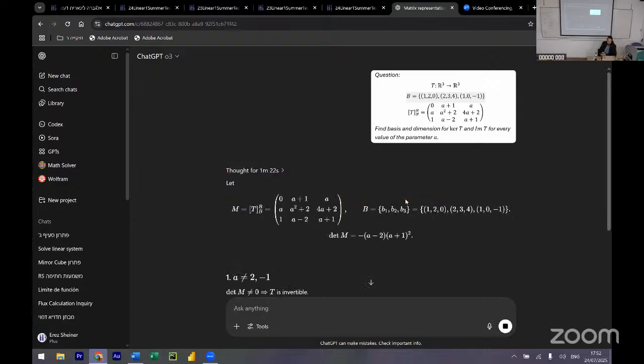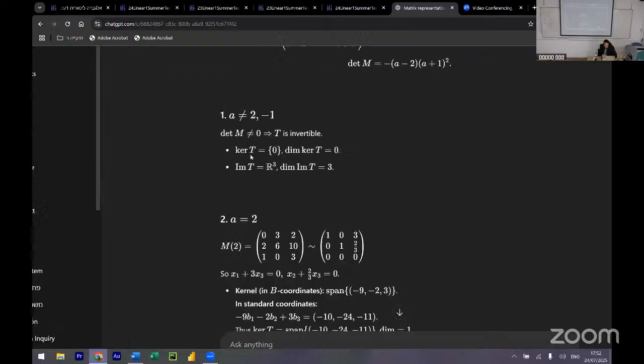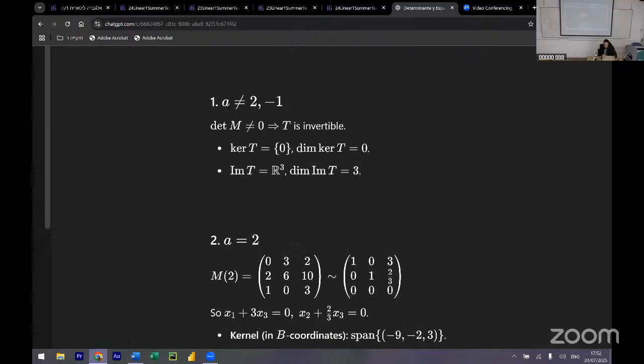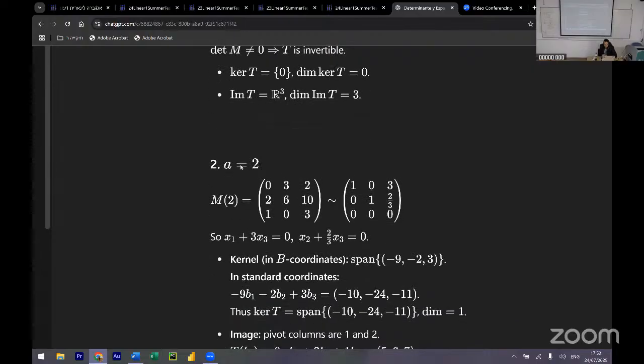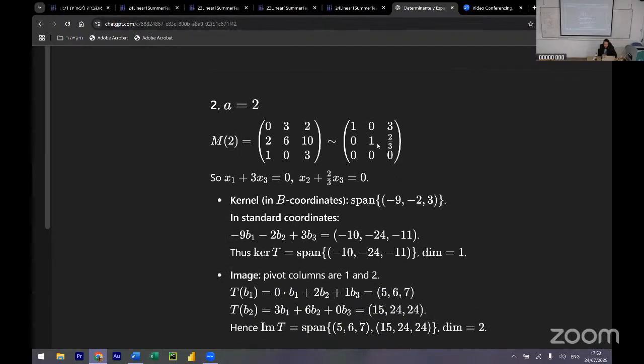So first of all, if A is not 2 and minus 1, and the matrix is invertible, therefore the linear transformation is invertible, the kernel is 0 and the dimension is 0, the image is all of R cubed and the dimension is 3. If A is 2, that's the reduced form.